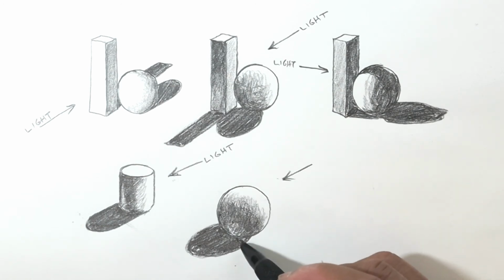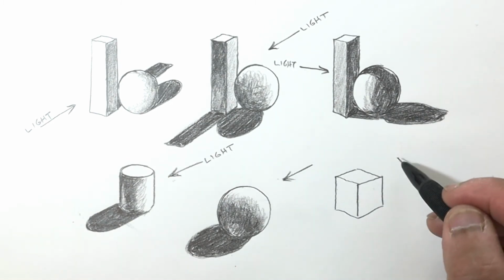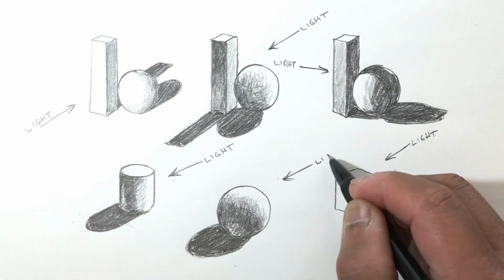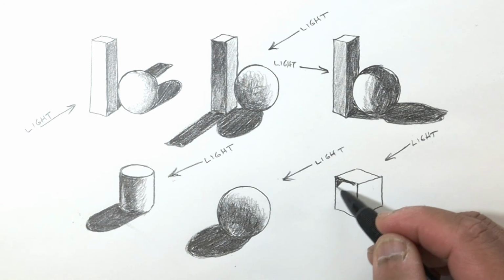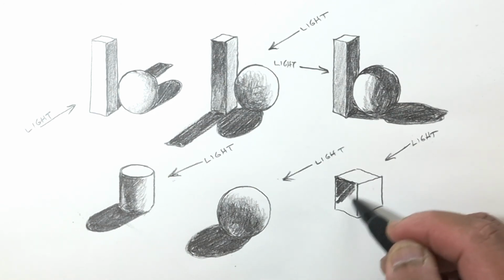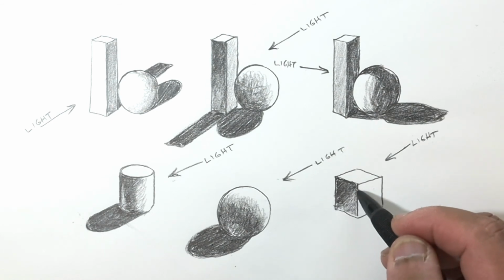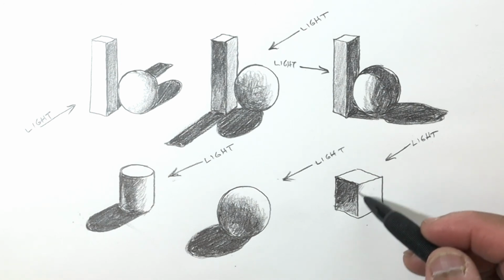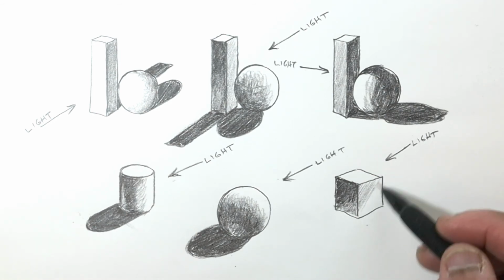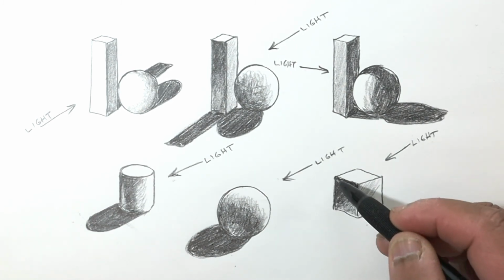Alright, finally let's go ahead and draw a cube, and again the light is coming this way, so we again have our darkest shadow on this side of the cube with a little bit of reflected light, let's say at the bottom like that, and this side will be just a little bit lighter, and the front then would be the lightest because it's getting all the light.